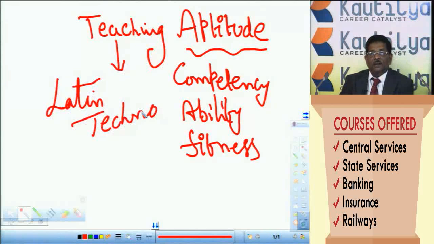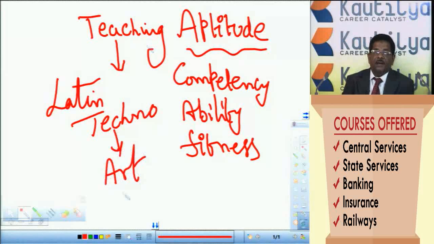An equivalent word for the Latin word techno in English is art, which means teaching is an art. That's why it is a science of art.